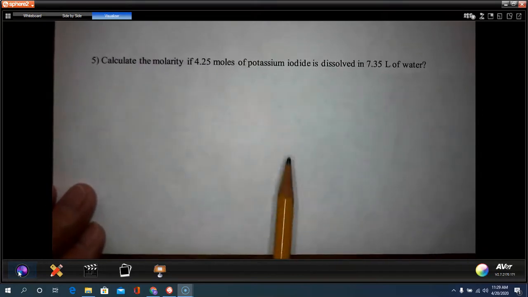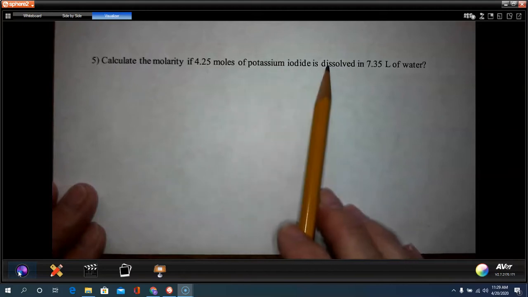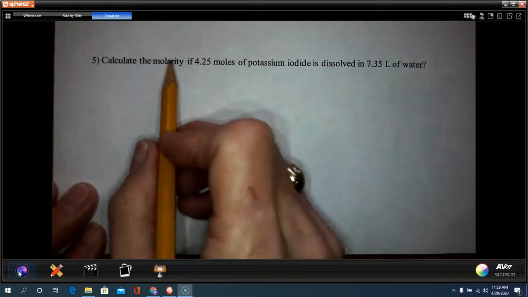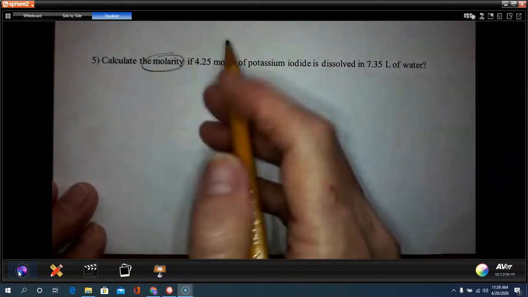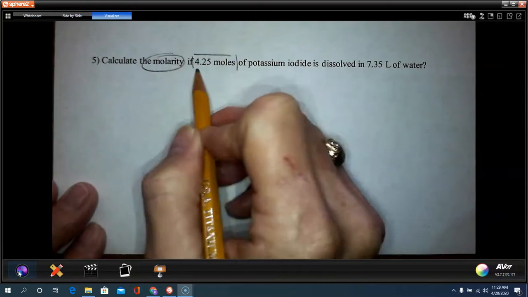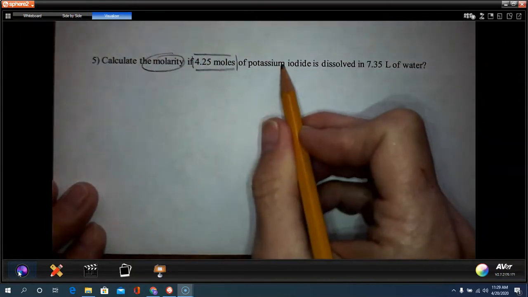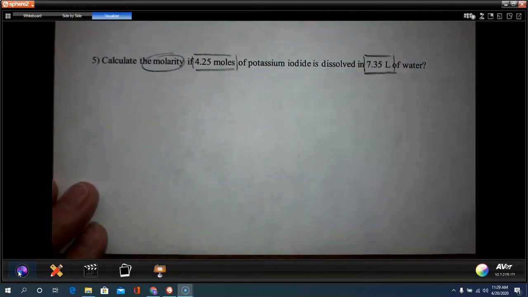Calculate the molarity of 4.25 moles of potassium iodide when it's dissolved in 7.35 liters of water. So molarity is what I'm looking for because it tells me what to calculate. 4.25 moles is my given for potassium iodide, for moles of potassium iodide, and my volume is 7.35 liters of water.